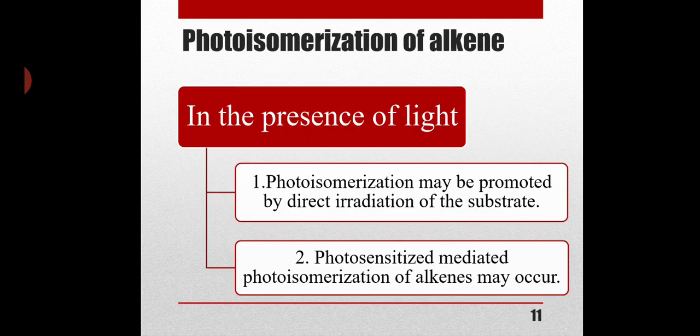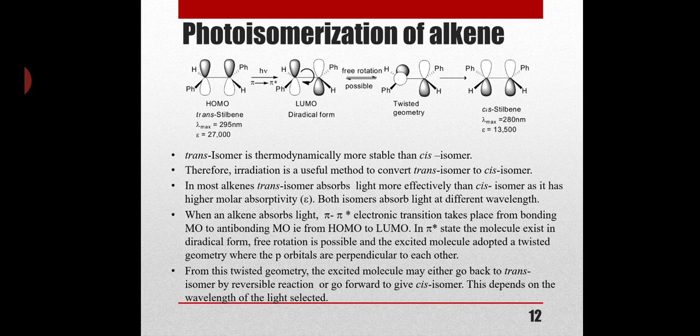Now, when an alkene is exposed to light, photoisomerization can happen in 2 ways: by direct irradiation of the substrate, or with the help of a photosensitizer. Let's see the mechanism of the reaction.